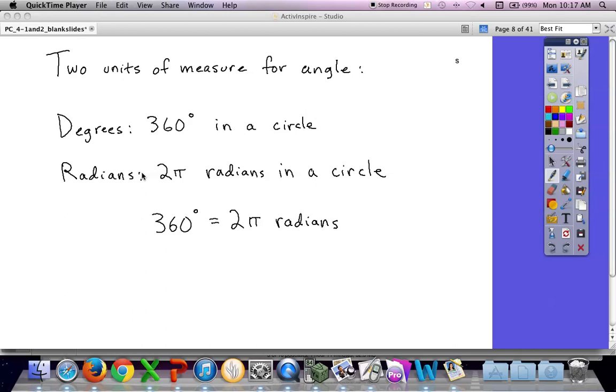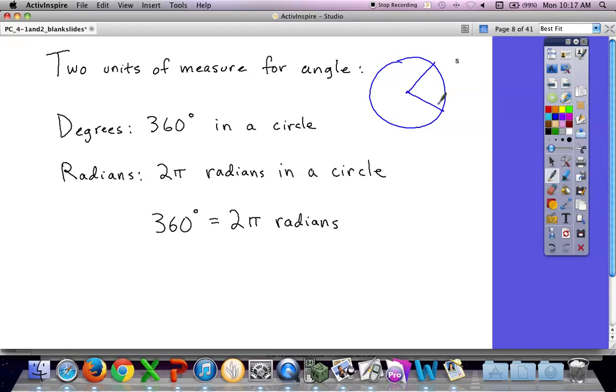Okay, so everybody is familiar with 360 degrees being one time around a circle, right? That's what we're talking about, the number of degrees. If 360 opens up, then what fraction of 360 is something less than that? When it comes to radians, we're not going to measure by the degrees that it opens up.